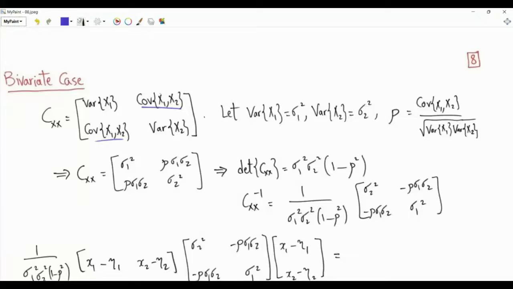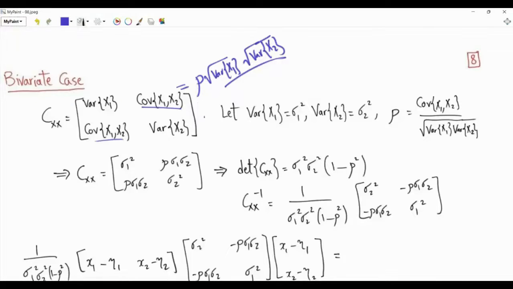And typically we write down the covariance in terms of the correlation coefficient. So the covariance is equal to the correlation coefficient multiplied by the square root of the variance of x1, so the standard deviation of x1, multiplied by the square root of the variance of x2.